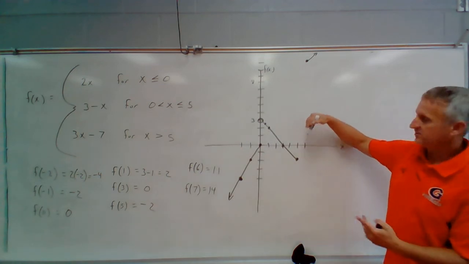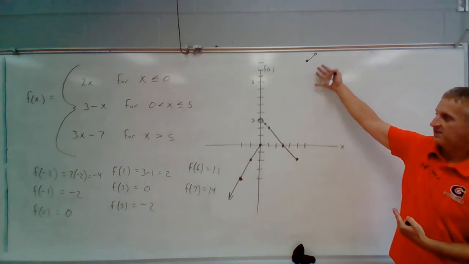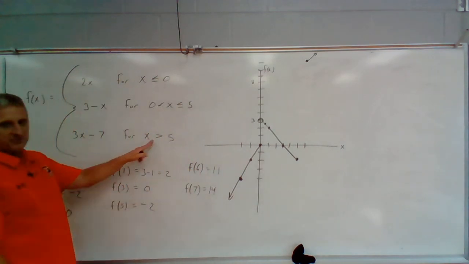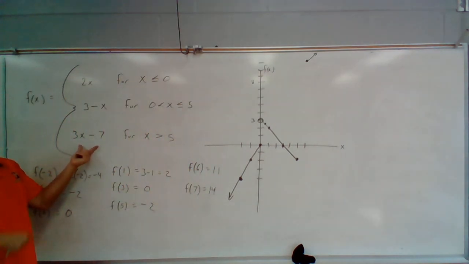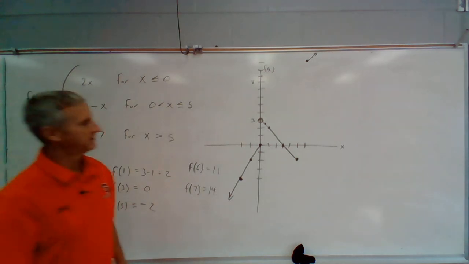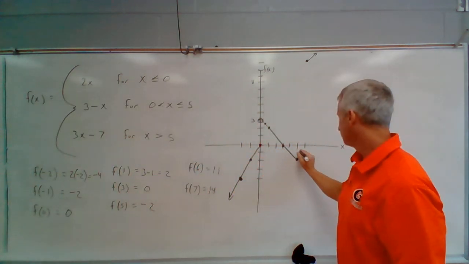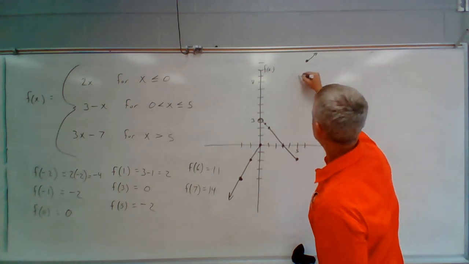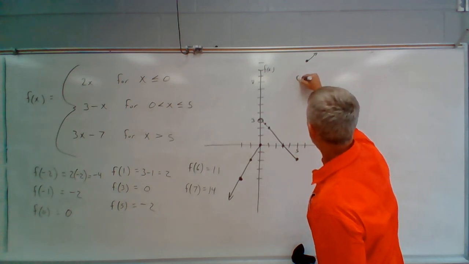How do I figure out the end point of this line? So the same trick as before. I'm not allowed to plug a 5 into this bottom function, but what if I did? What if I put a 5 here? 3 times 5 is 15. 15 minus 7 is 8. So 1, 2, 3. Here's 5. So I'm going to put an open circle right there at 8.